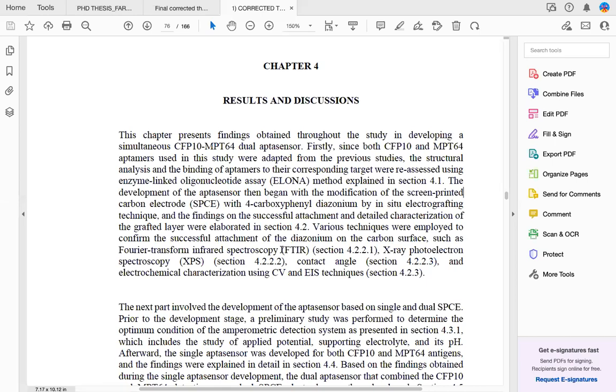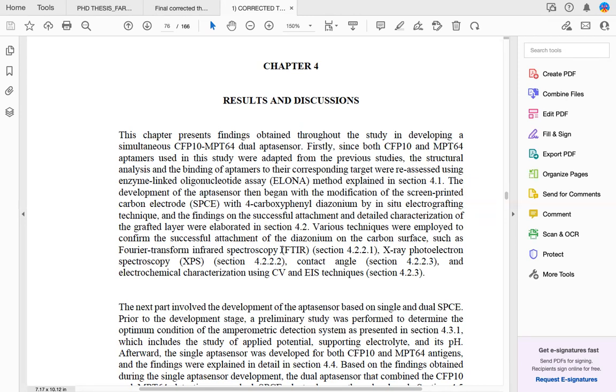You cannot have results but no procedures in chapter 3. Same goes if you have something in chapter 3 but you don't have it in chapter 4. It has to be aligned. If you have the results in chapter 4, there must be a procedure.